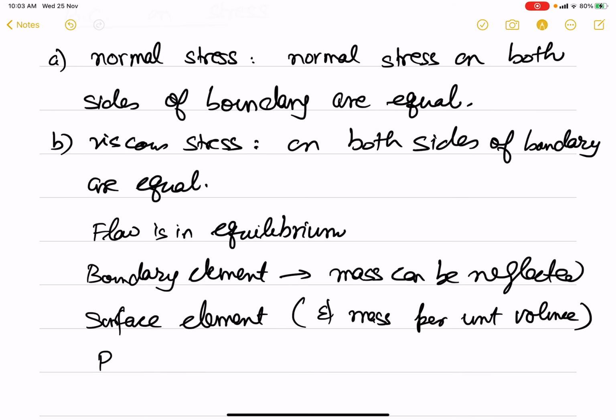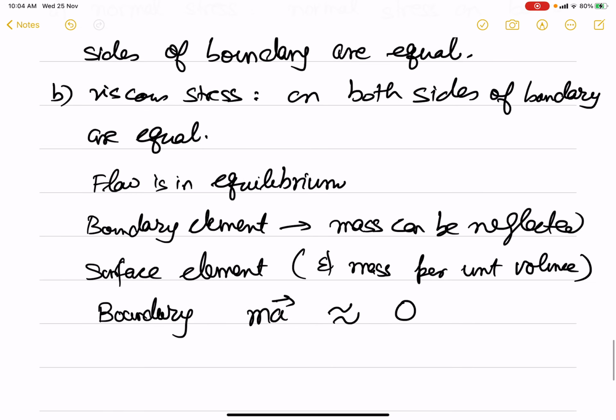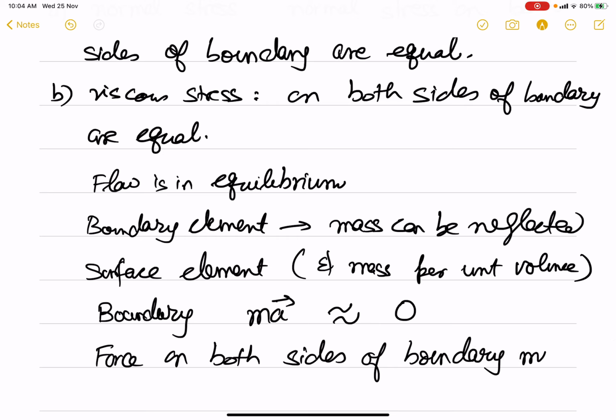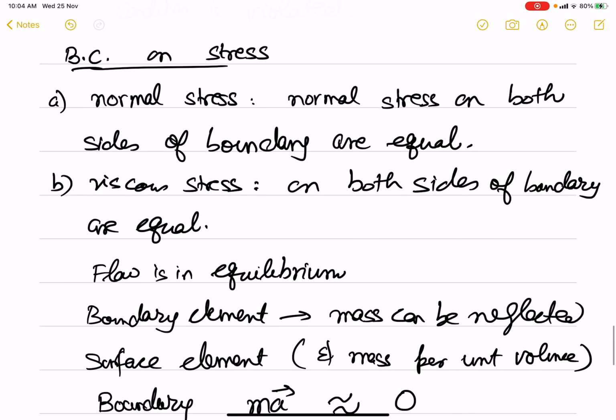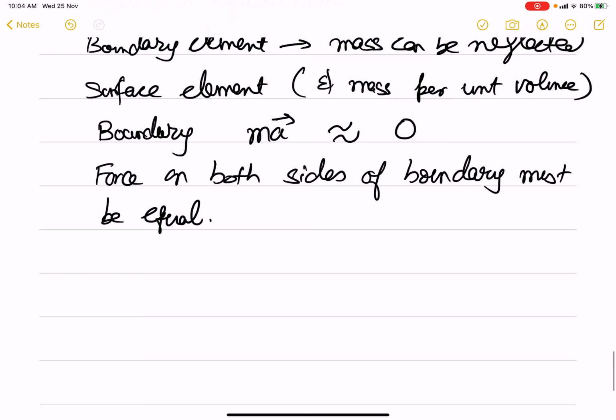If you look at the MA term, this will tend to be 0. So therefore the force on both sides of the boundary must be equal. And that is the logic for equating the normal stresses and viscous stresses.